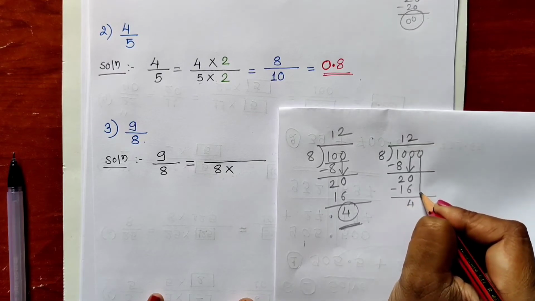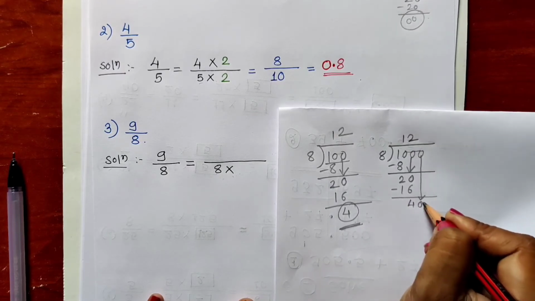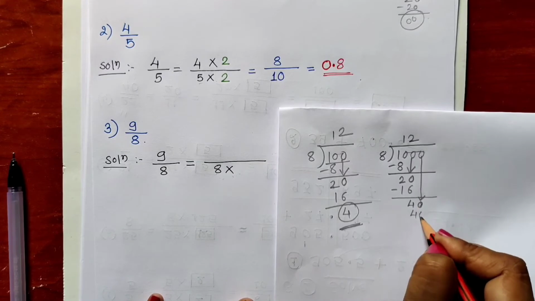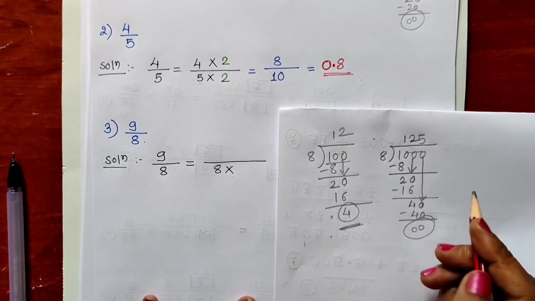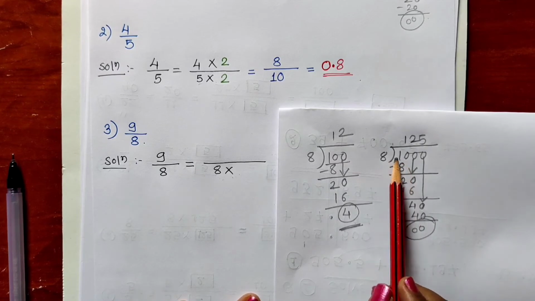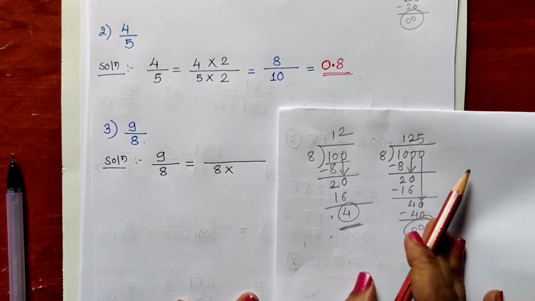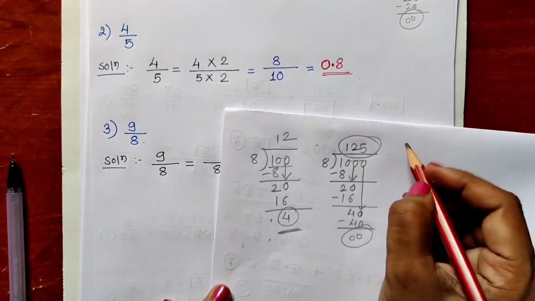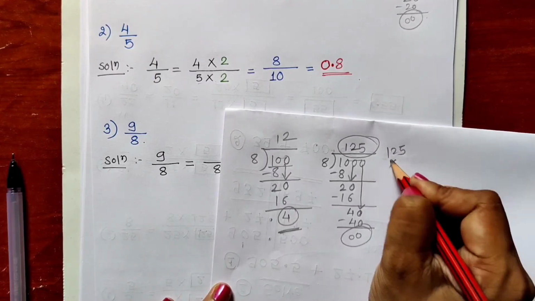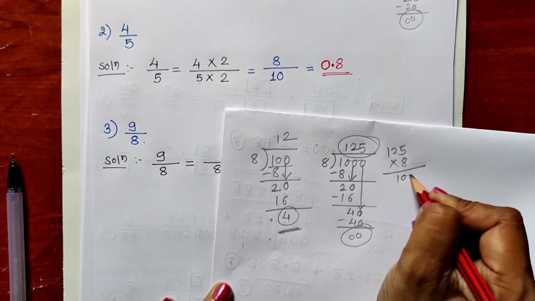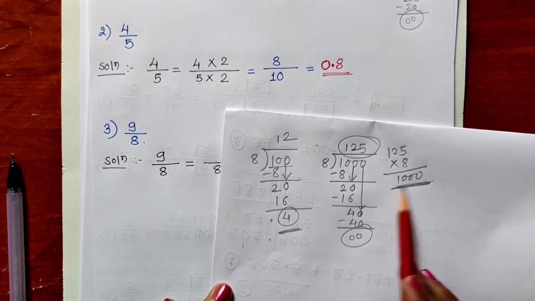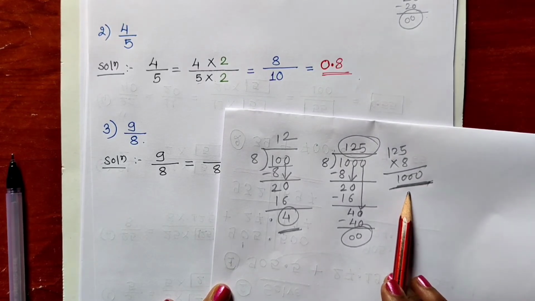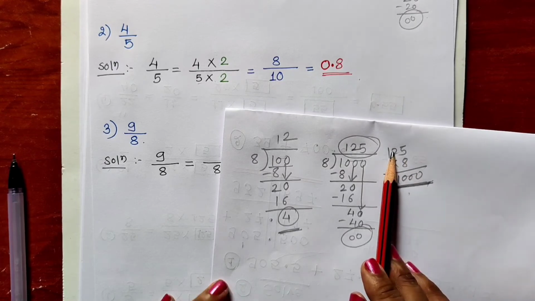One more 0 is remaining, so we put it down. 8 5s are 40 and the answer is 0. That means we can completely divide 1000 by 8. The answer is 125. That means 125 multiplied by 8 is 1000. It is possible to get 1000 in the denominator if you multiply 8 by 125.